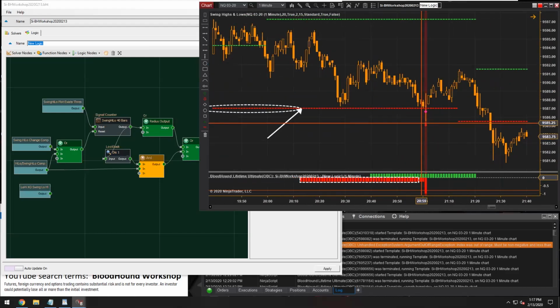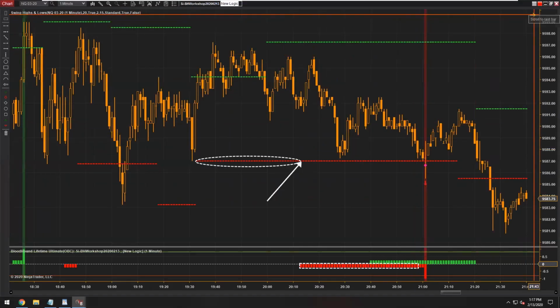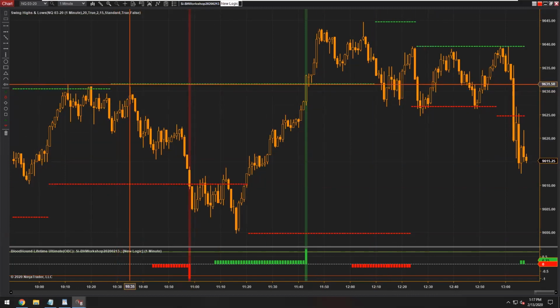So let's see if we have some other examples here. Great, so we have this swing high, and you can see it has existed for a long time.